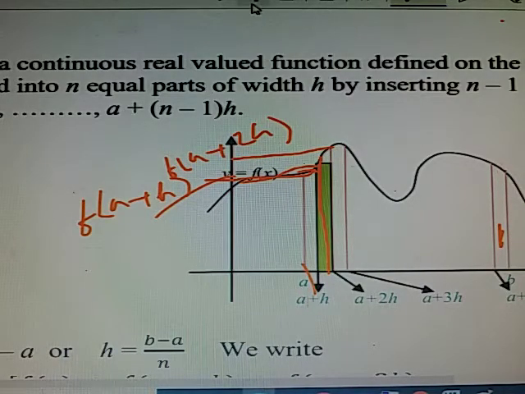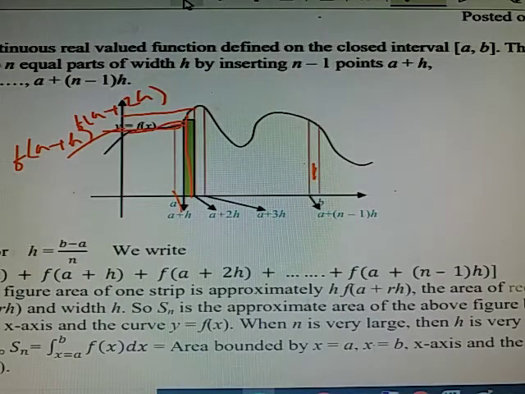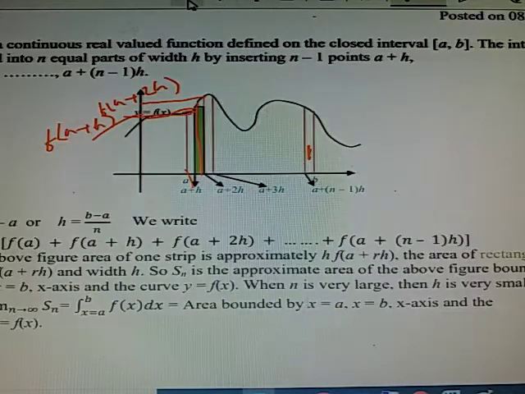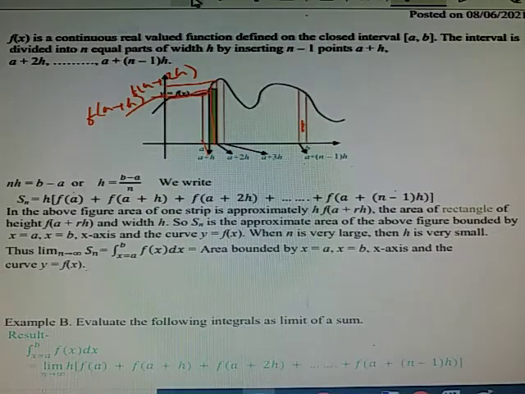So you see now what we are writing here. f(x) is a continuous real valued function defined on a closed interval [a, b]. The interval is divided into n equal parts of width h by inserting n minus 1 points, a plus h and so on.